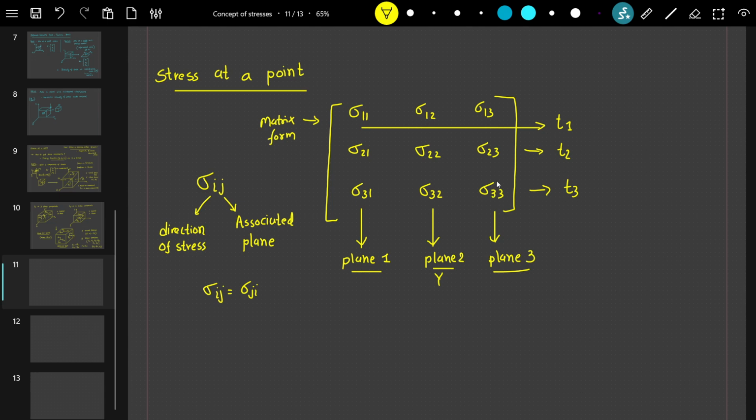So this is the overall picture of stress at a point. It's very simple: the first index is the direction of stress, and the second index is the associated plane on which the stress is acting.